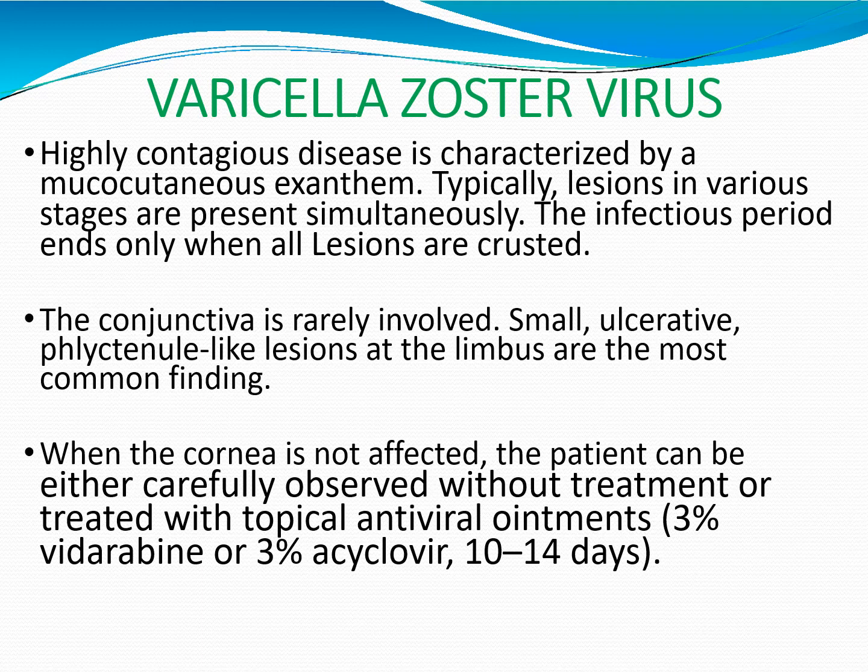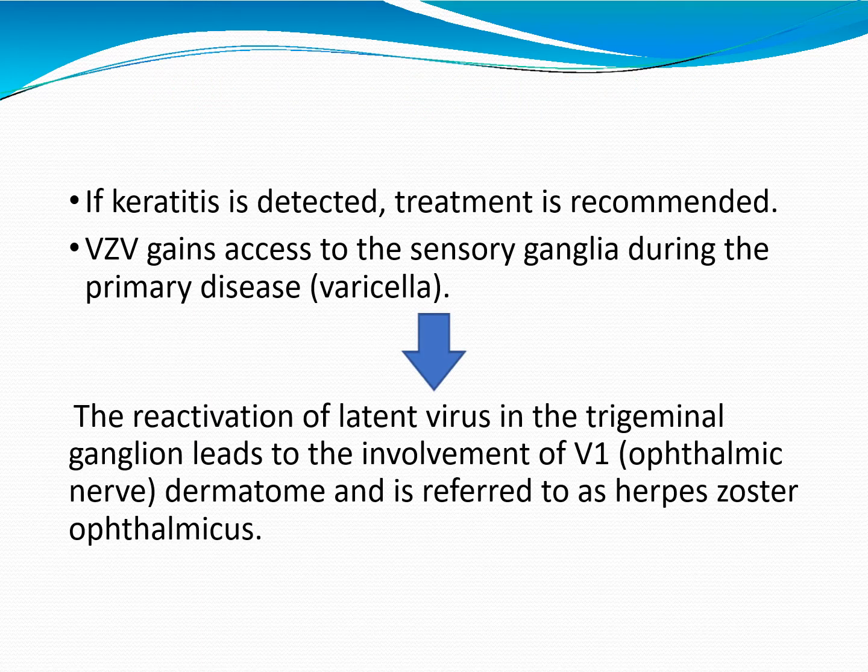Small ulcerative, phlyctenule-like lesions at the limbus are the most common finding. When the cornea is not affected, the patient can either be carefully observed without treatment or with topical antiviral ointments like vidarabine or 3% acyclovir for about 10 to 14 days. If keratitis is detected, treatment should be started.